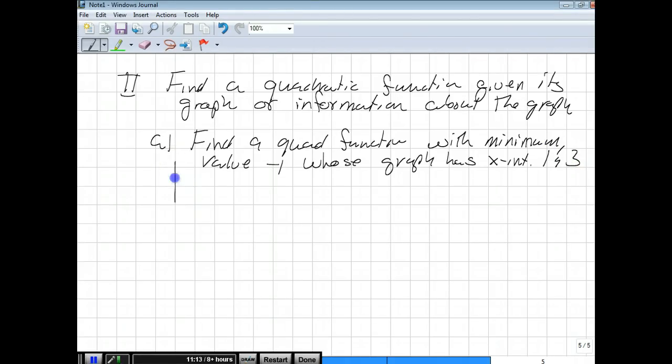Okay, so first thing I would do is I would plot the information that I know. So I know that the x-intercepts are 1 and 3, and I know that it has a minimum value at -1.